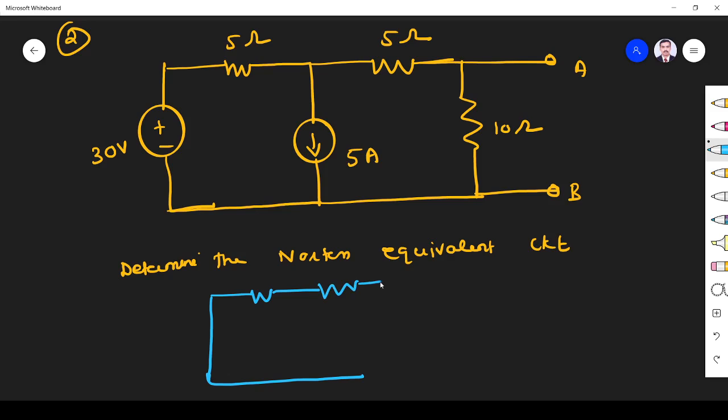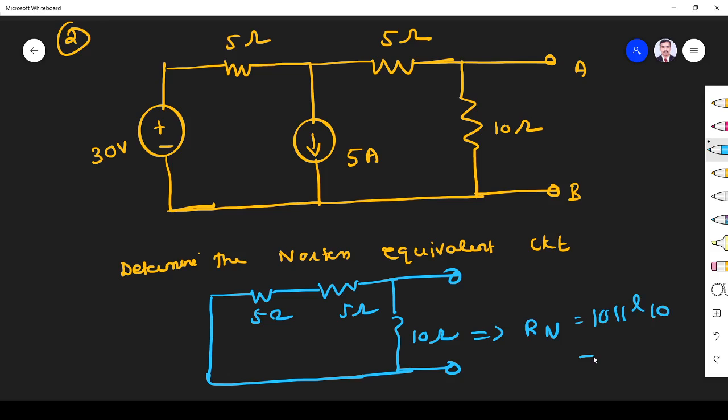Then we have one 5 ohm, one 10 ohm, 5 ohm, 5 ohm. So R Norton is equal to this 10 ohm parallel with these two in series. So 10 ohm parallel 10 ohm is 5 ohm. So R Norton is 5 ohm.